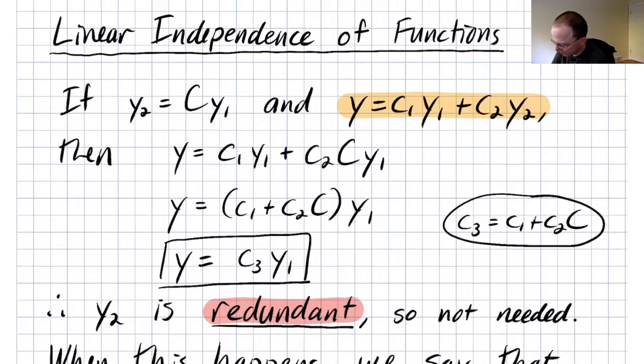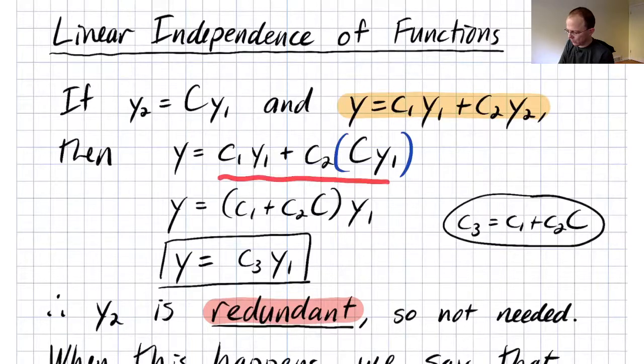Maybe I'll put parentheses around that to make it easier to see. So it's C2 times C1 y1.